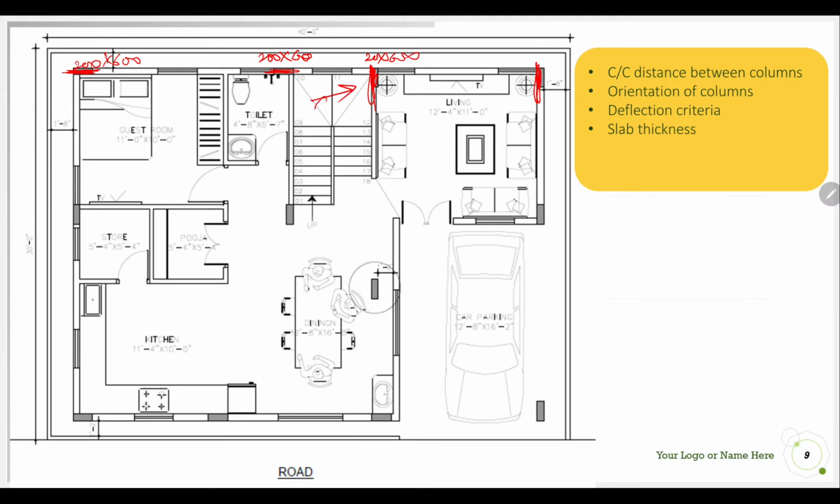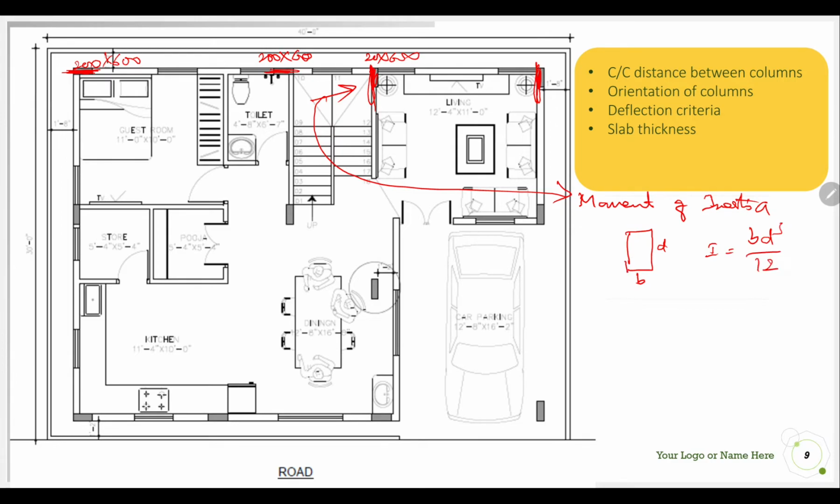If you want to understand this, the basic theory goes to the moment of inertia. Whatever you have studied about the moment of inertia, that concept comes here. Suppose I take the rectangle with width B and depth D, I is equal to BD cube by 12. It is as simple as this.